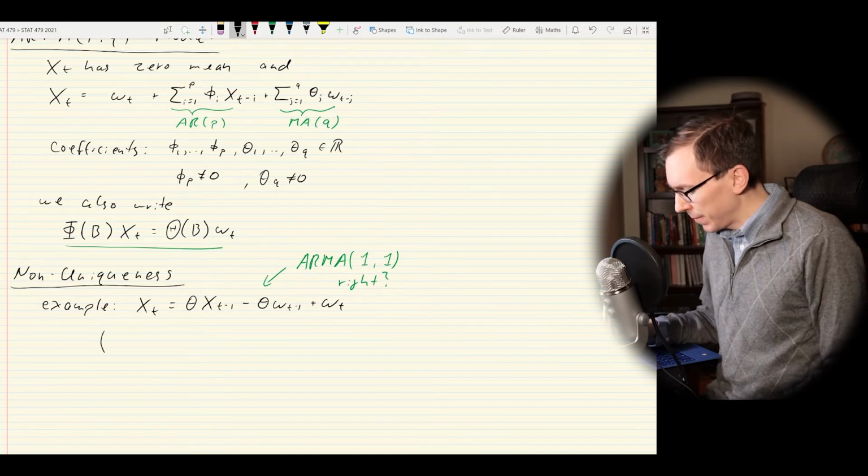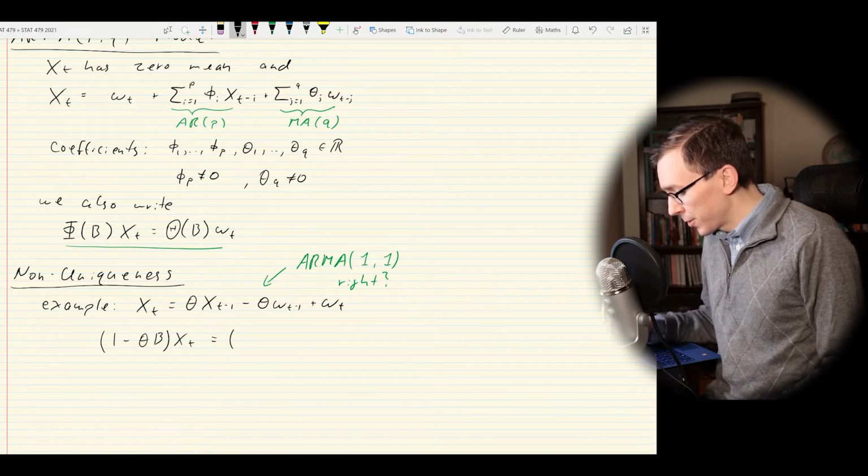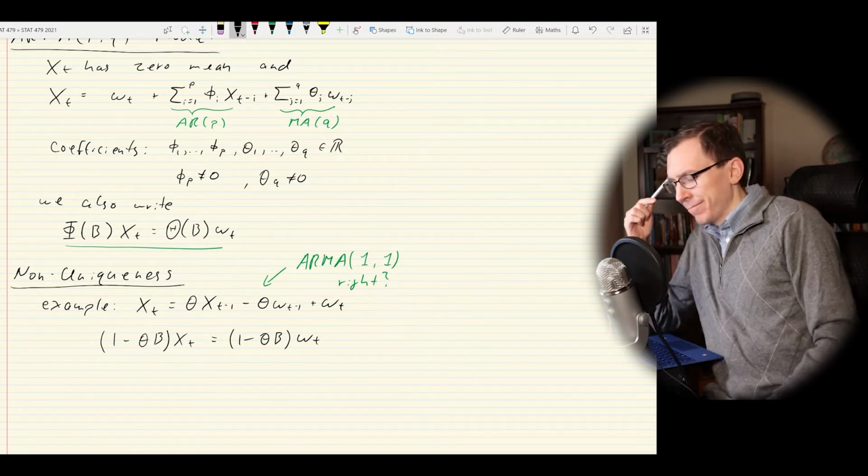If we write it in that form above, we get 1 minus theta B applied to x_t, and we also get 1 minus theta B applied to w_t.